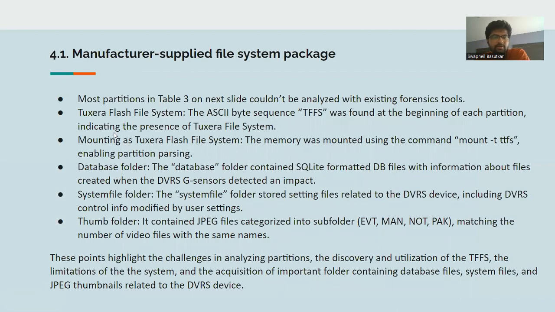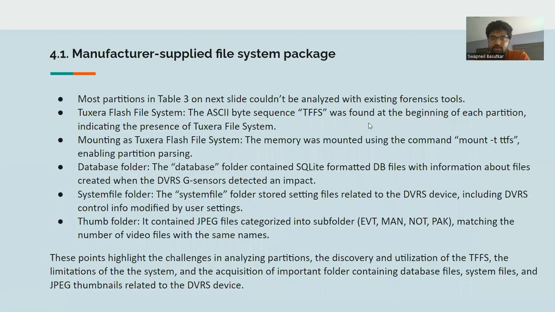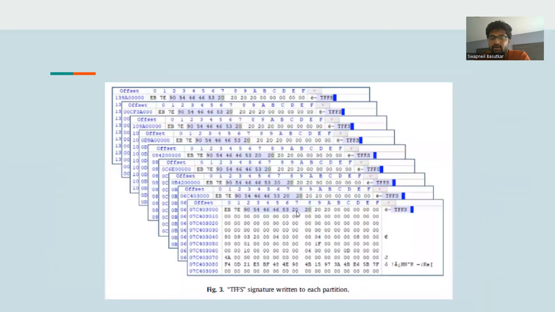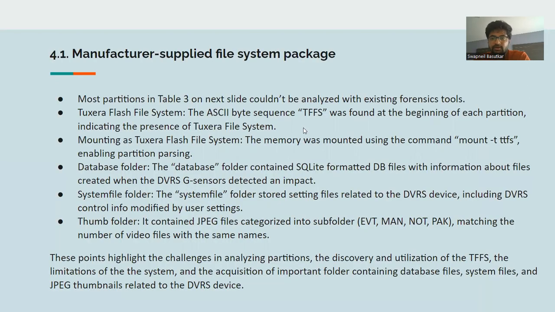There is a Tuxera flash file system, the ASCII byte sequence TFFS. Here in the image, you can see the unknown file system is a Tuxera file image found at the beginning of each partition, indicating the presence of a Tuxera file system. So at the beginning of each partition, wherever a TFFS was present, it was identified as having a Tuxera file system.